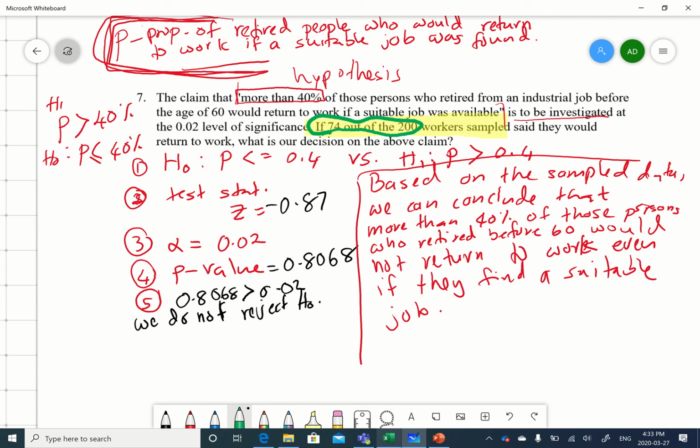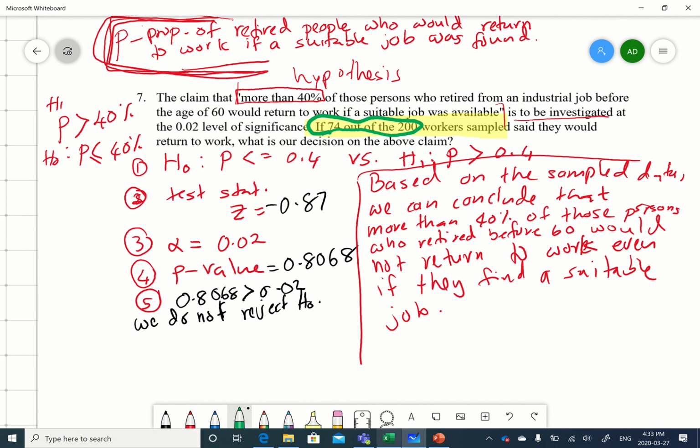This process is going to take your sample into account and then think about all possible samples that they can take out of the population with 200 sample size, and it's basically going to project the idea into the entire population.